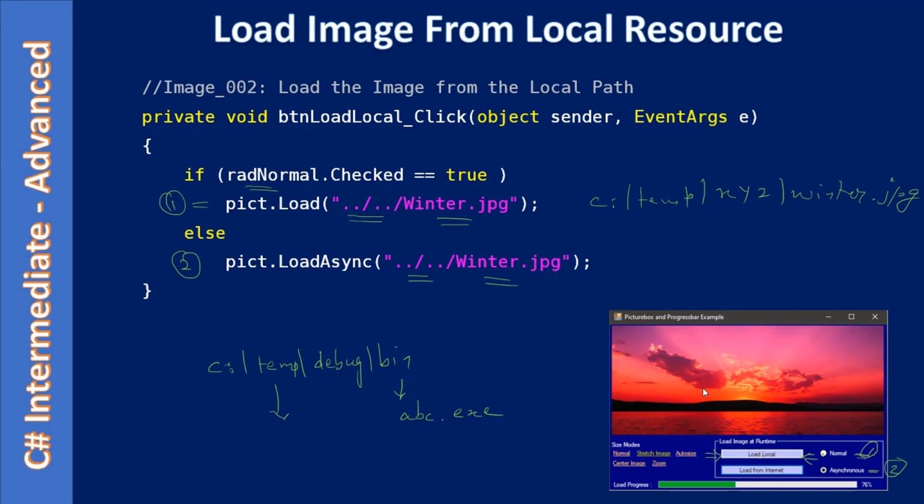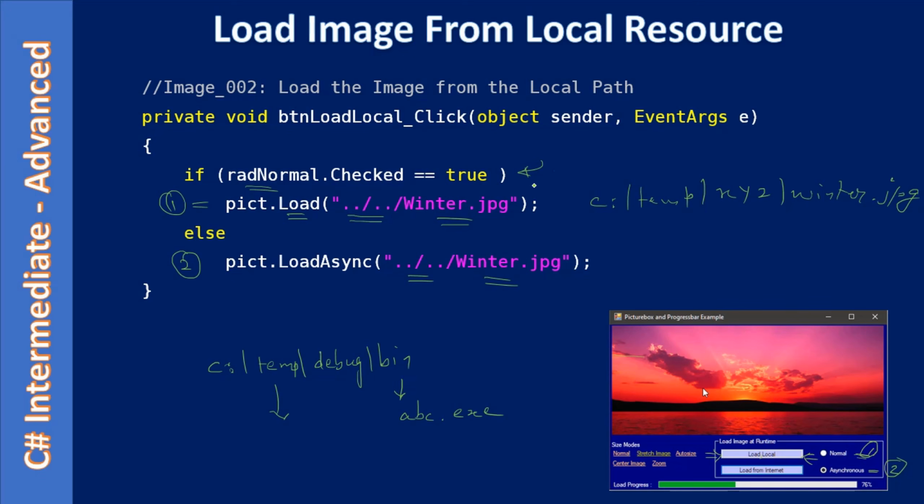So when the user clicked normal, we make use of the load function call on the PictureBox control. PICT is the name of this PictureBox. PICT.load. Here if you see, we are accessing the method, and to that method we are passing the path to the image file location. Since this is the load method, once the call comes here, first it checks whether the radio button is clicked.